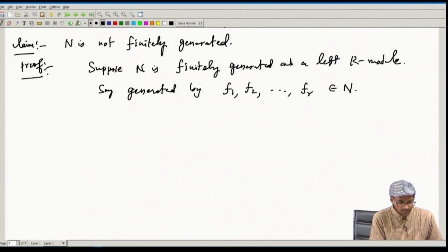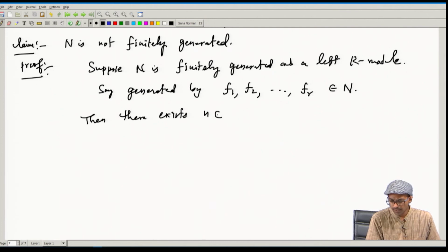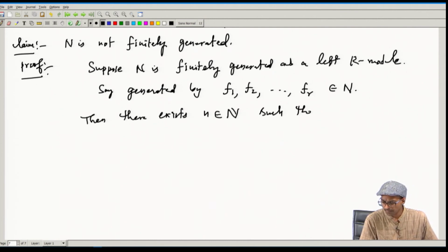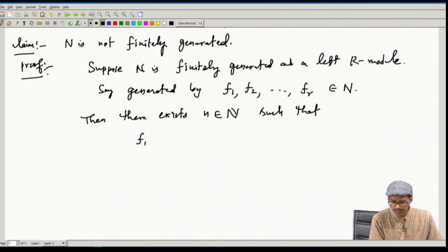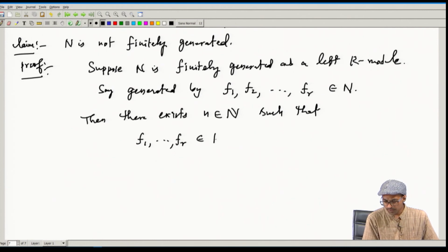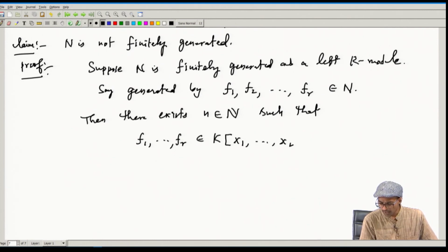So then there exists some natural number n such that all these fi's, f1, f2 and so on fr, belong to just the polynomial ring in these n variables.